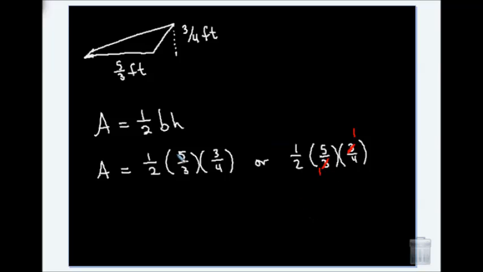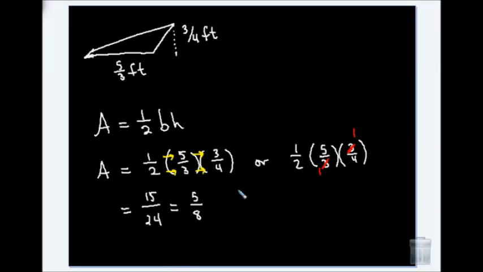If we don't like cross canceling, we can multiply across the top. 1 times 5 is 5, times 3 is 15. And then you multiply across the bottom. 2 times 3 is 6, times 4 is 24. So you just multiply straight across. And then these will both divide by 3, which will give me 5/8.